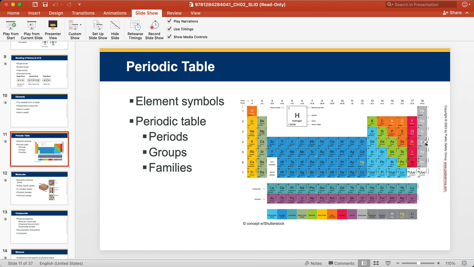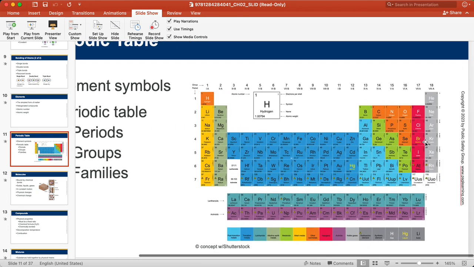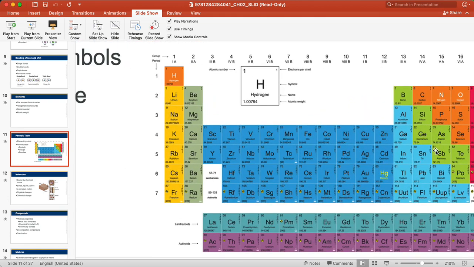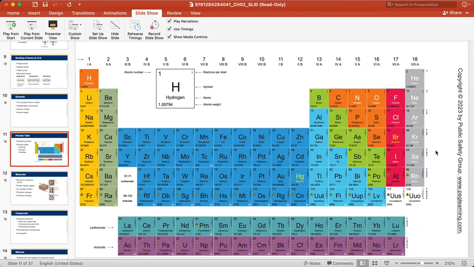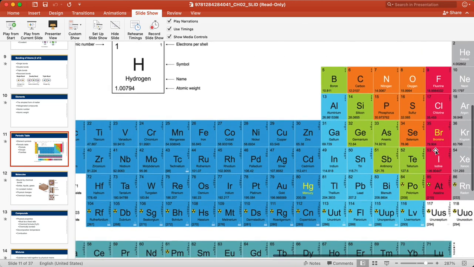And Kr, and I can't remember that one right off the top of my head right now. See if we can zoom in on that. I have old eyes. That's krypton gas, okay? So those are those trace gases that we talked about.